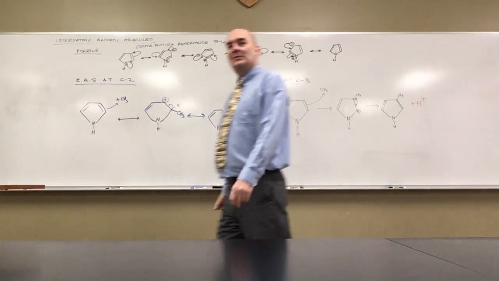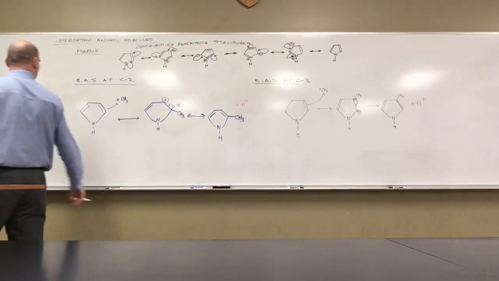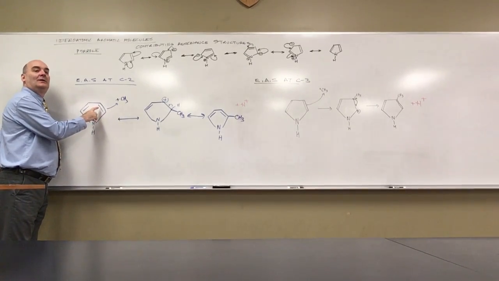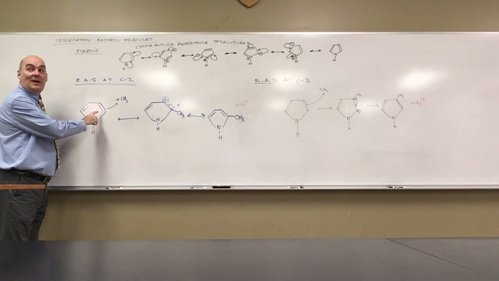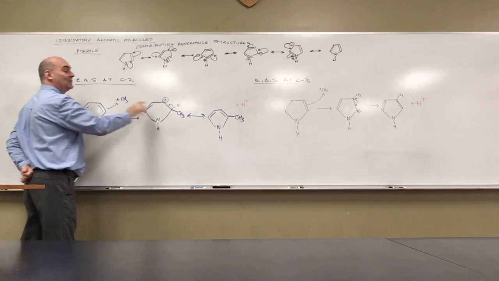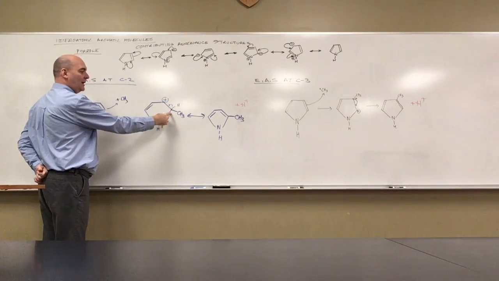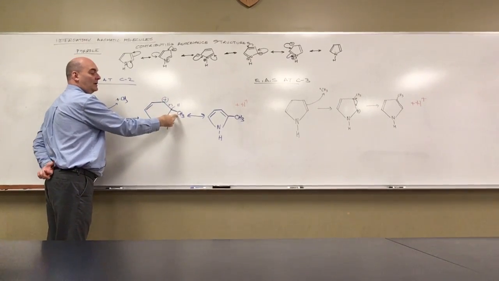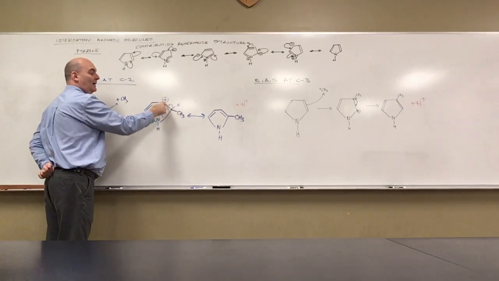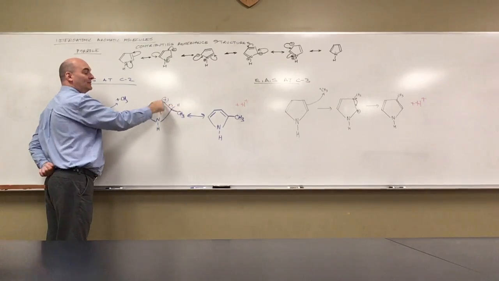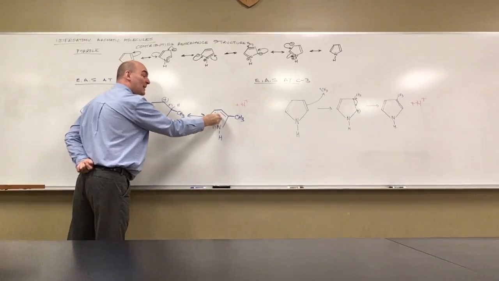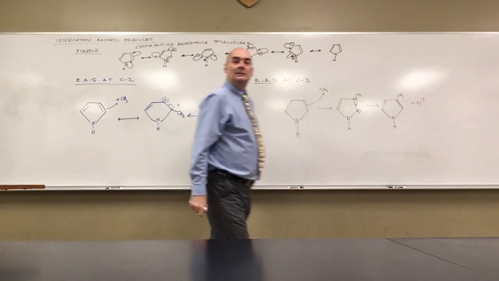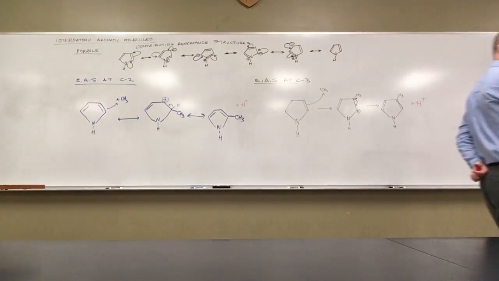Substitution has to have something leave. So in electrophilic aromatic substitution, the pi bond from the aromatic ring opens out, grabs hold of something. Here we did it at carbon 2. It puts a carbocation on the other carbon. The hydrogen dumps its electrons back into the ring, re-establishes the aromaticity. Now I have a substituted aromatic molecule.